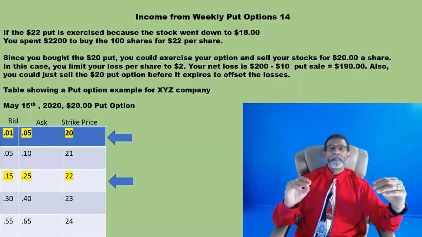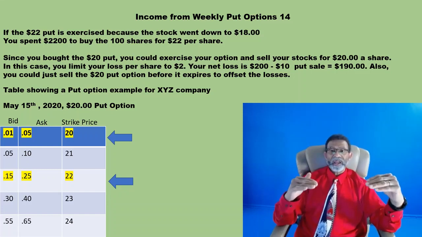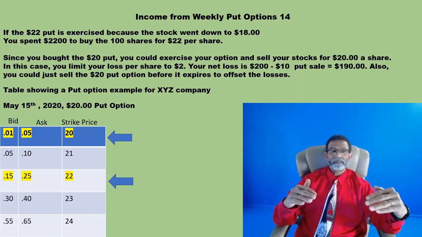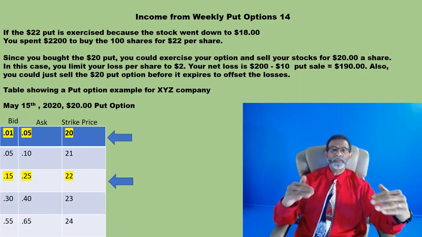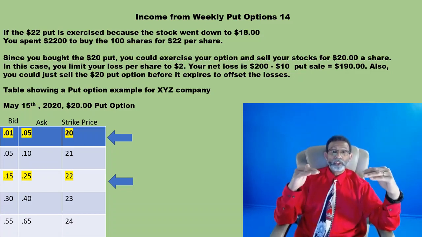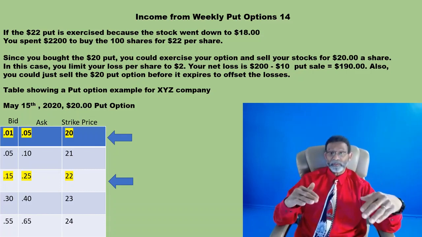So your loss would be $190, not $200, which would be the difference between the $20 put option and the $22 put option.